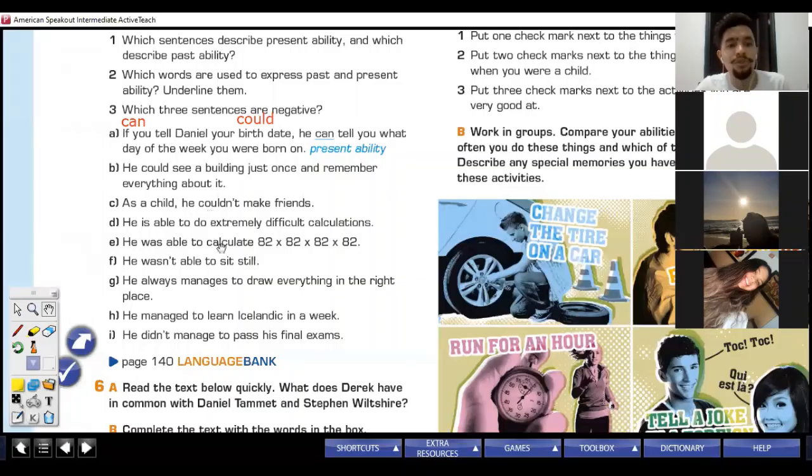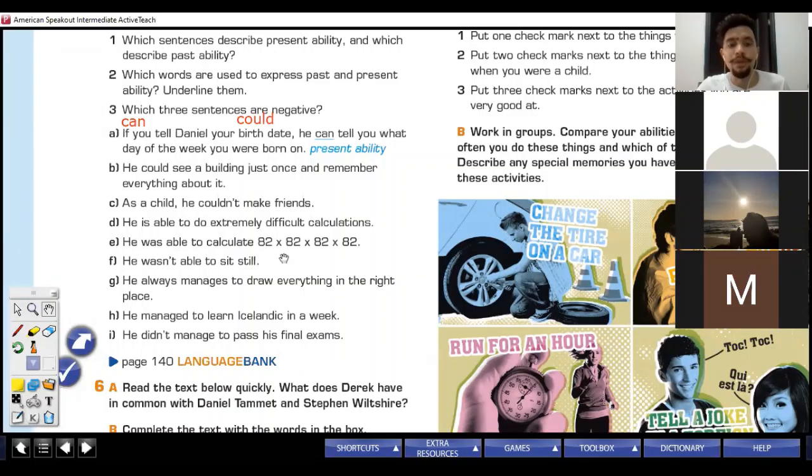He is able to do extremely difficult calculations. Be able to, right? Is able to. Is that present or past ability? Present. All right, present ability. Good. How about letter E?